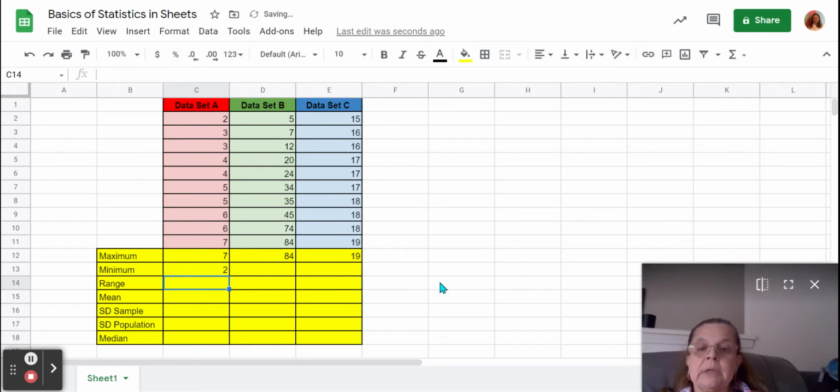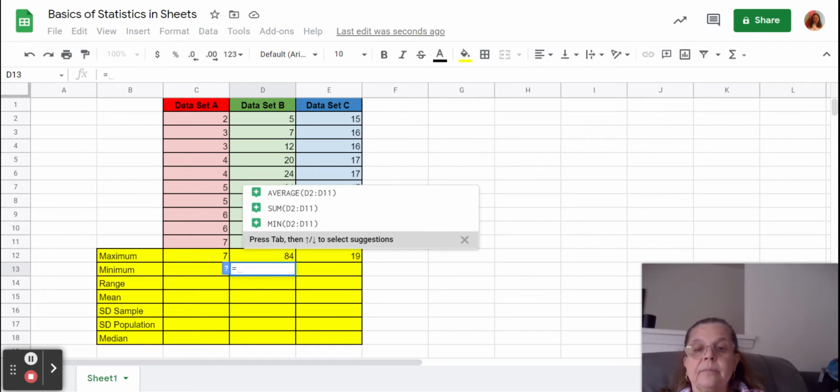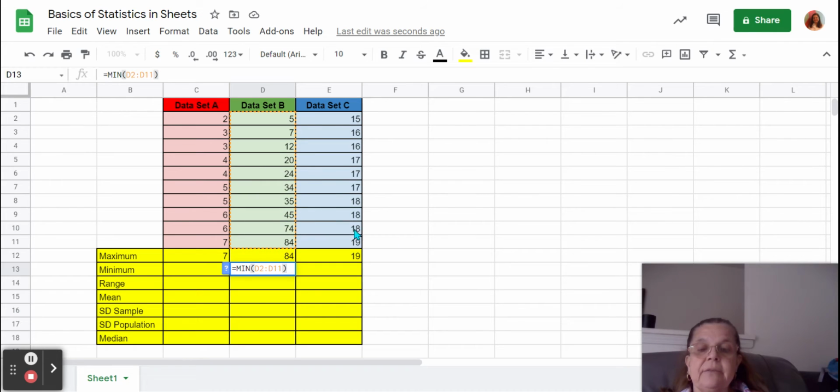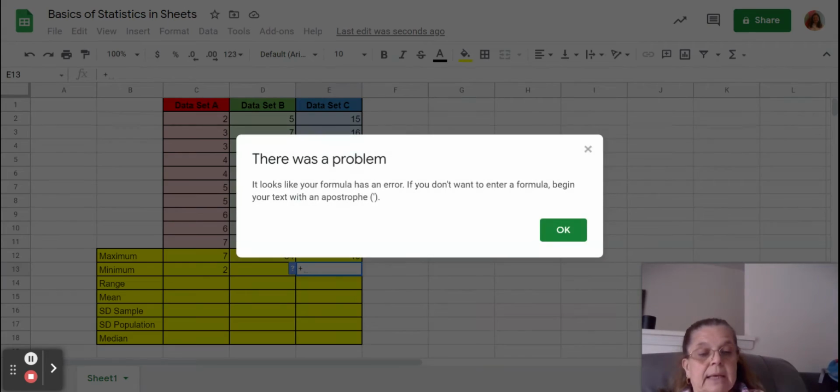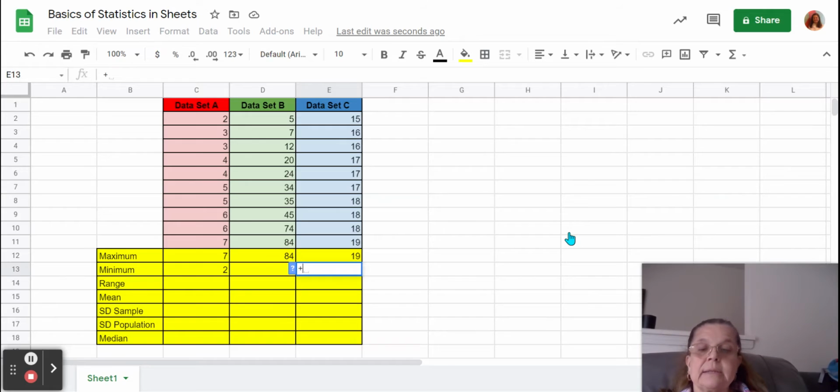I'm going to show you one more. Hit equal. And now it's going to show you the min right there from D2 to D11. It wants to know if you want that. It will do the same thing again in the next column if I hit equal, except I didn't hit equal that time. So I will type equal, MIN.